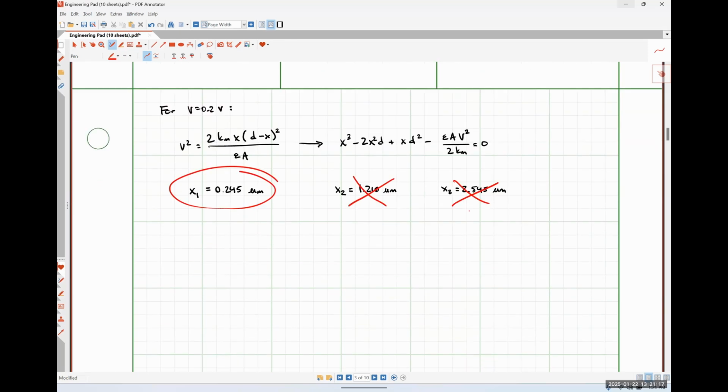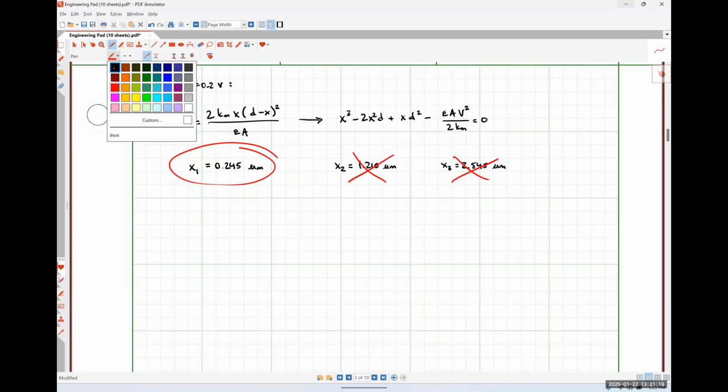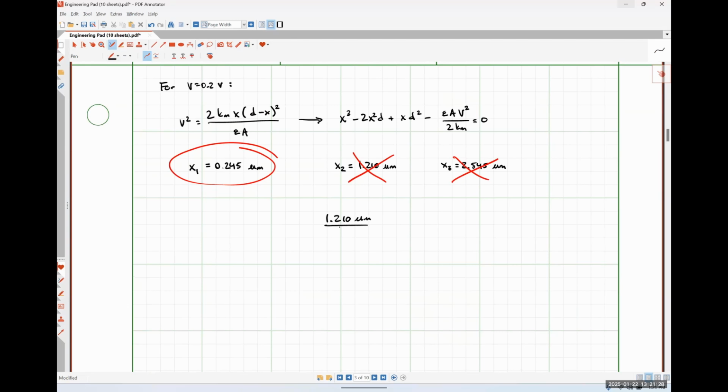Sure. So if I look at 1.210 microns, so this is my X, over 2 microns. Let me grab a calculator here real quick. Yep, 0.605. Thank you for that, Joaquin.